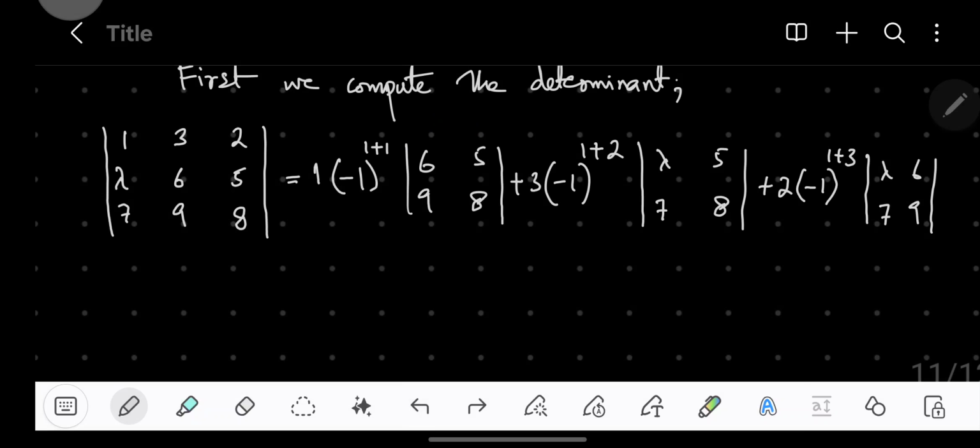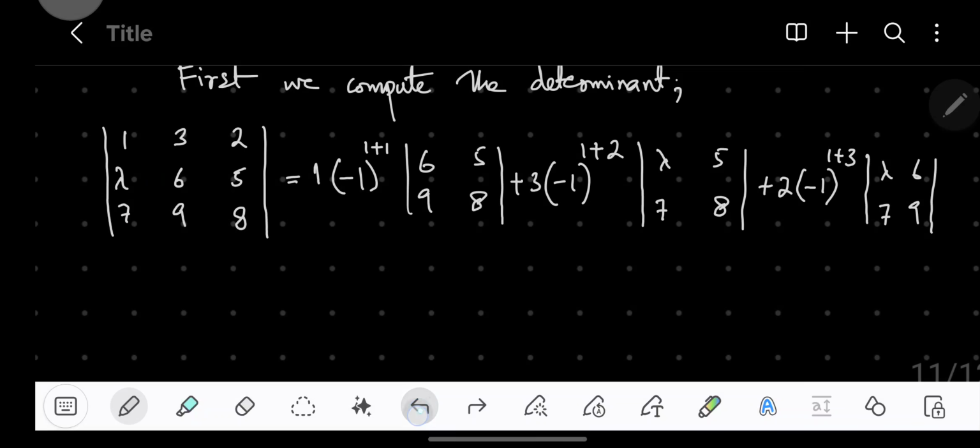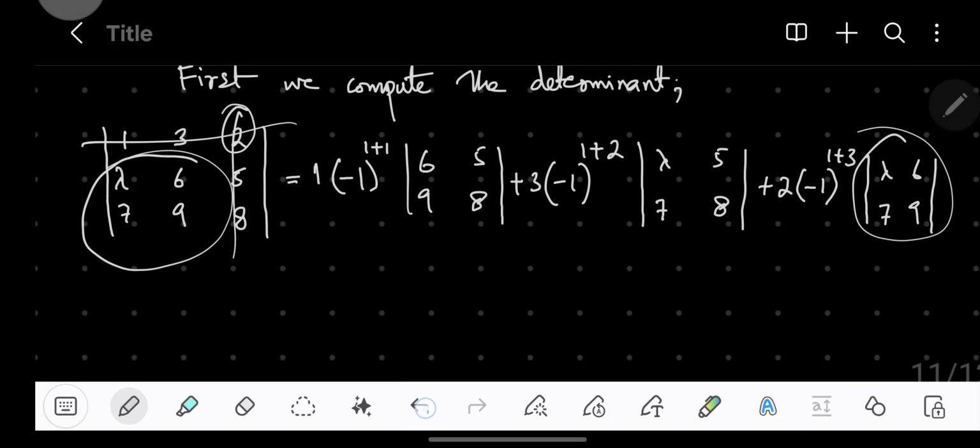Understand? Similarly, if I am working with this entry, I will ignore this row and this column. I will write this determinant, which is lambda, 5, 7, 8. You can check lambda, 5, 7, 8 here. And similarly for this, I will ignore this column and this row. This is the submatrix which I have written here.